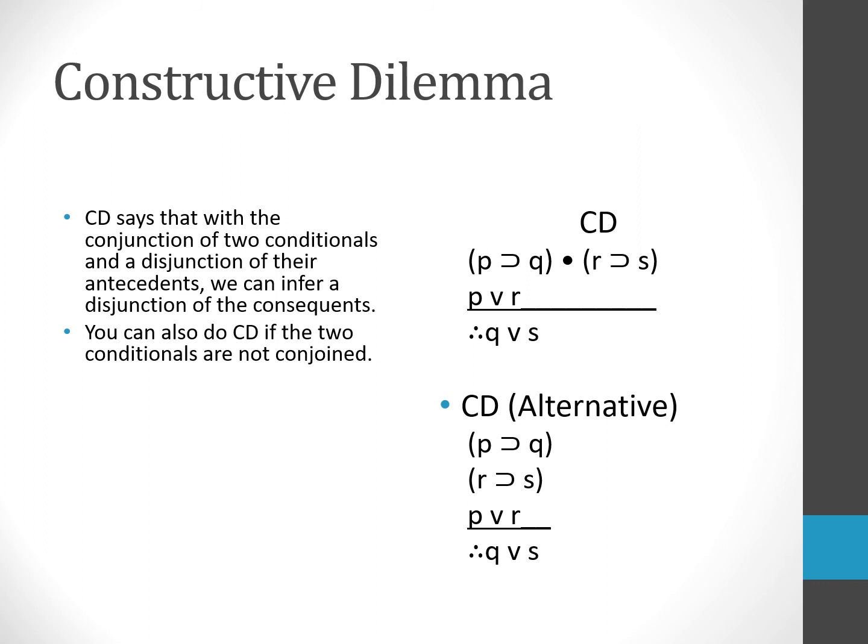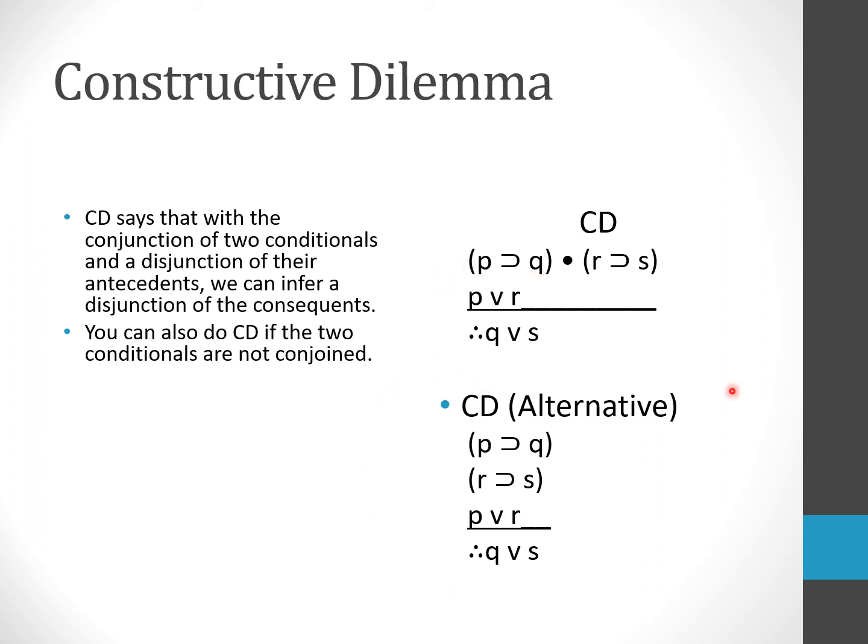So if you have two conditionals, and usually they have to be conjoined, and then you have a disjunction that has the antecedents of both conditionals as their disjuncts, then you're allowed to infer a disjunction of the consequences. So again, that's a mouthful, but I think once we go into some examples, that'll become more clear.